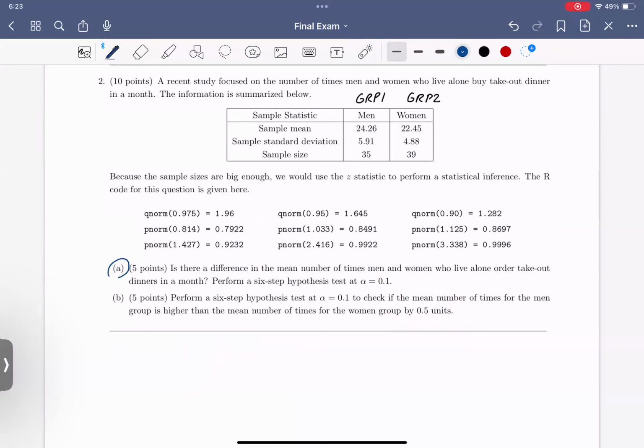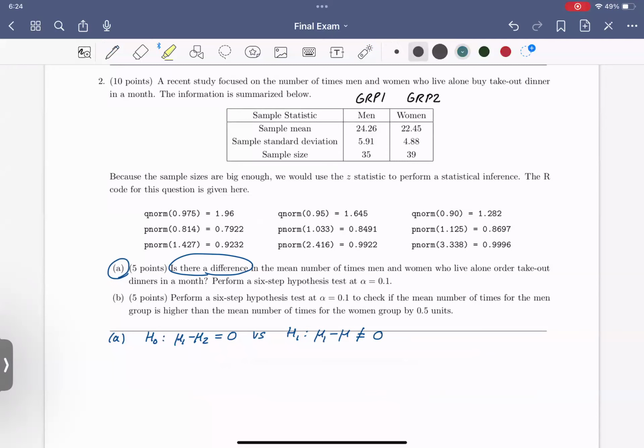And what you're going to do for part A here, H0 is mu1 minus mu2 equal to 0 versus H1 is mu1 minus mu2 not equal to 0, because that is the difference. For question one, you're going to do not equal to 0, right?